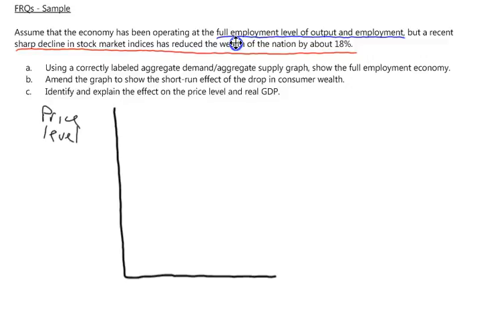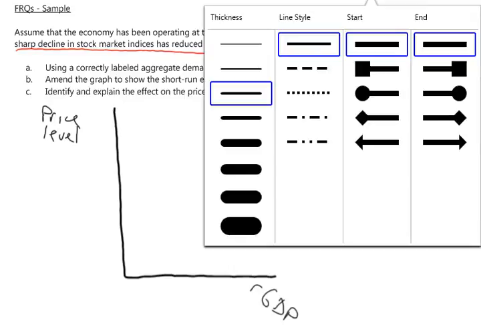That's the number one thing most students forget to do on the AP exam, is not have their graphs correctly labeled or annotated, and it becomes difficult to earn full points then. So remember, we're comparing price level to real GDP.